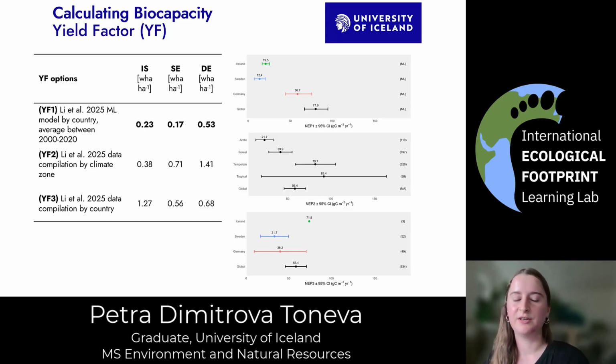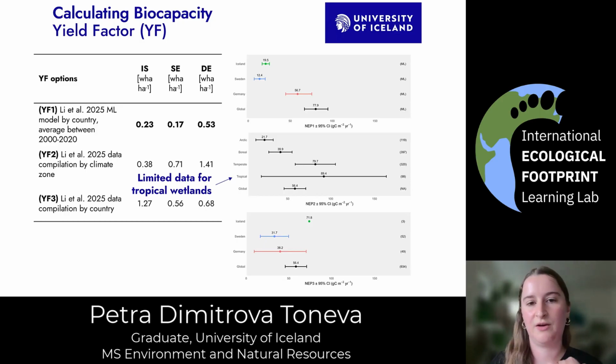And here it is interesting to see that the scenario based on the machine learning model itself has the lowest values for all three countries. And one of the explanations for this is that there is rather limited data for tropical wetlands.